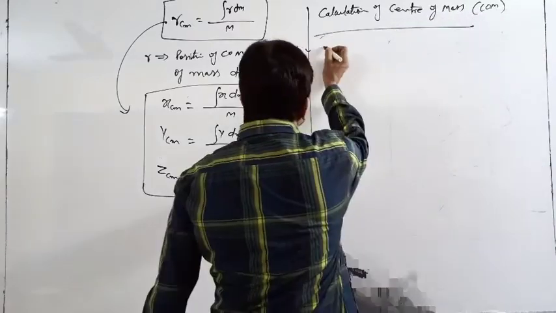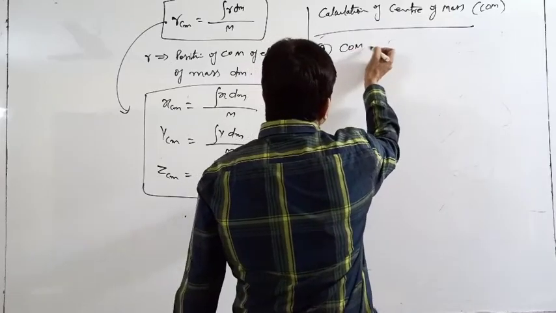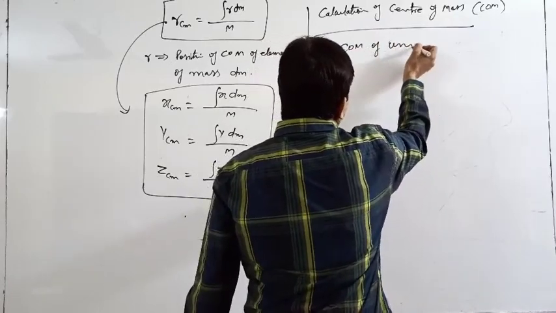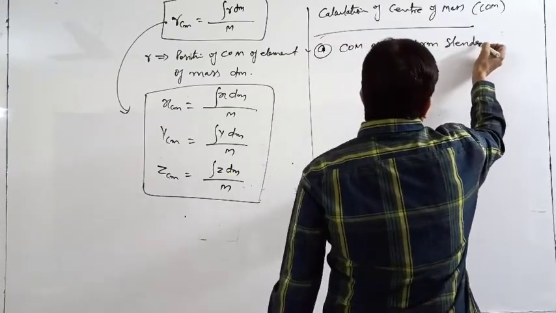So first example: center of mass of a uniform slender rod.